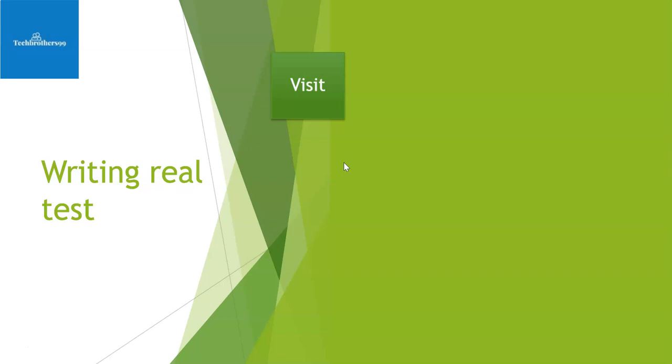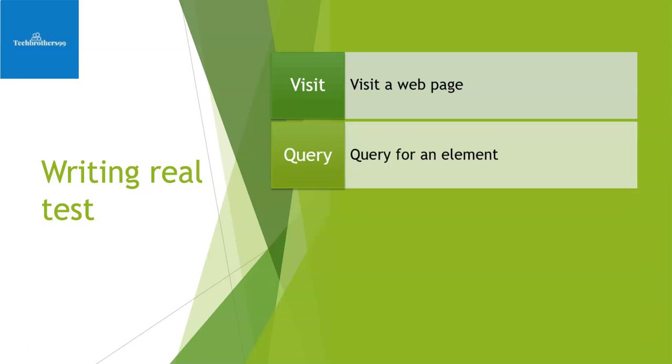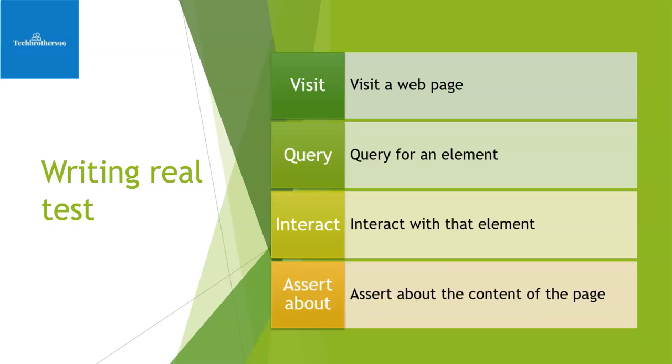So first we need to visit a web page, and we need to query for an element that you are looking for, and you need to interact with that element, and finally you need to assert what you want to do, like you want to verify the content, or verify some text, or write some text into the field, or check the check boxes or the radio buttons, or select some value from the dropdown, like that.